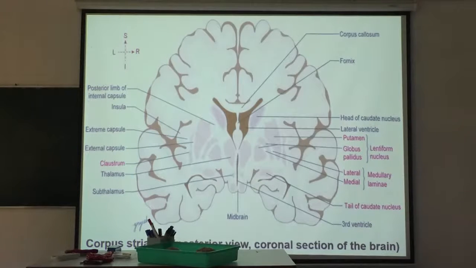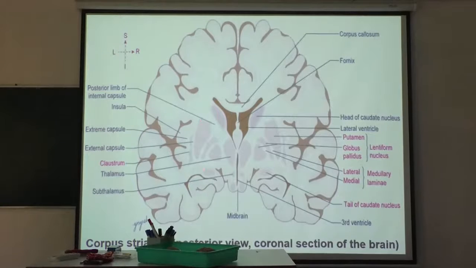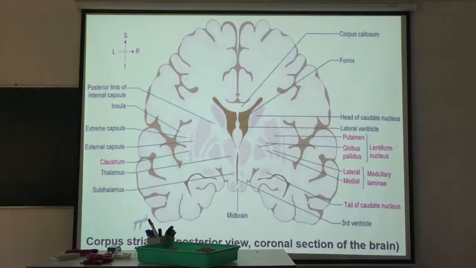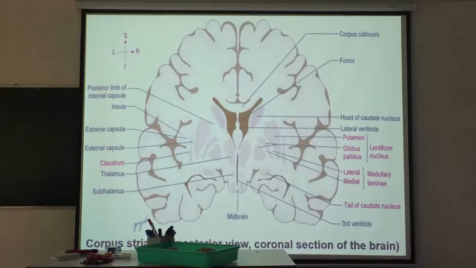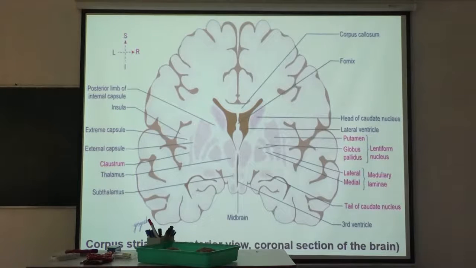Lateral to the putamen is the external capsule. Lateral to it, this grey matter structure is the claustrum. Okay, location of claustrum. And lateral to the claustrum is the extreme capsule, and outside it lies the insula, the insular cortex of the brain.